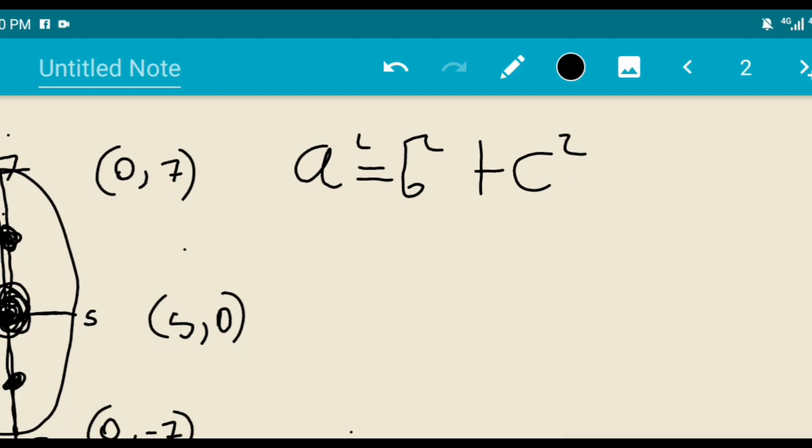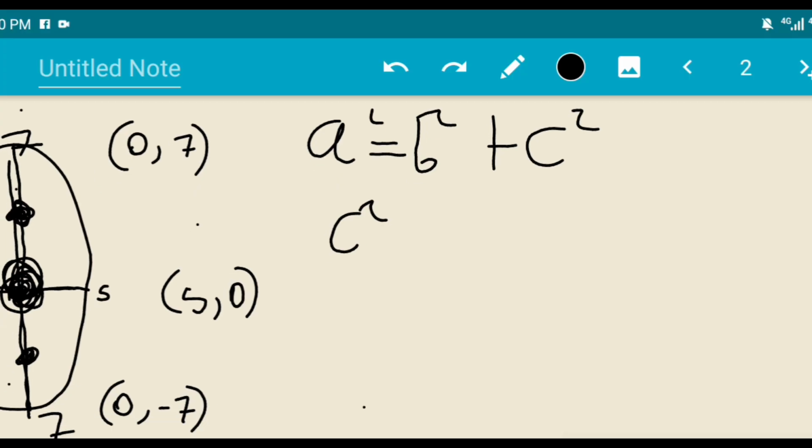So it is going to be C squared is equal to... Okay, I'm having some technical challenges. My pen is running out of battery.